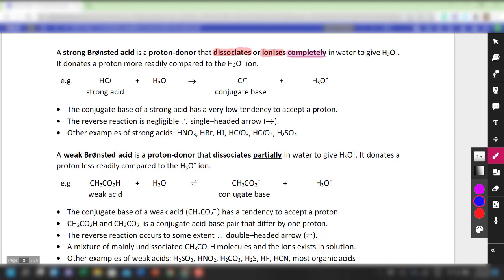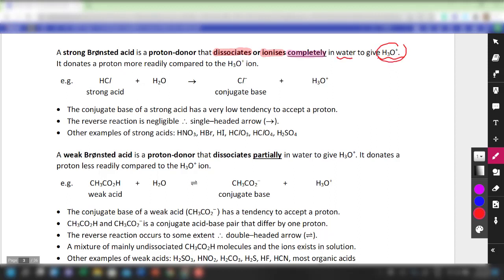For the purpose of our discussion, in most of our discussion related to H2 acid-base equilibrium, we are dealing with acids dissolving in water. That's why you notice this particular portion where they said ionizes or dissociates completely in water to give H3O plus.